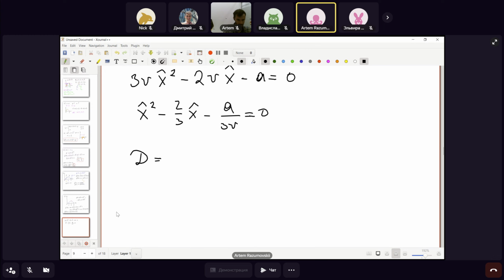This is squared 2/3 minus 4 times. Then, okay, 4 I can take out.